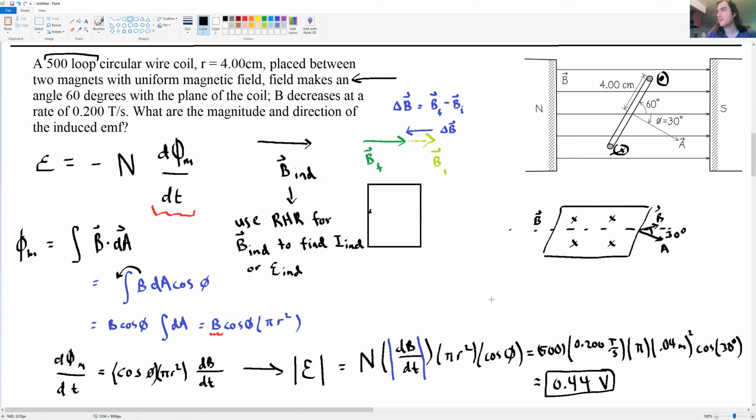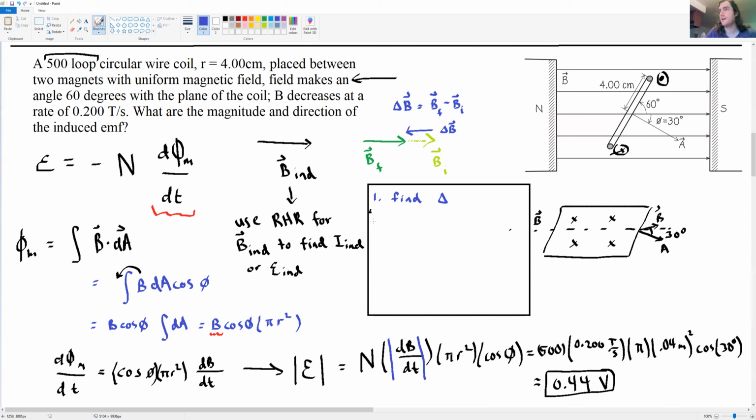So give myself a little box here. Step one, find delta. Step two, go against delta. And then step three, right-hand rule.